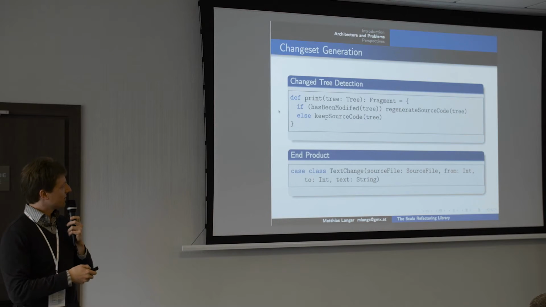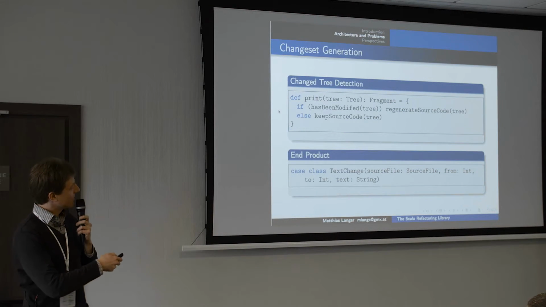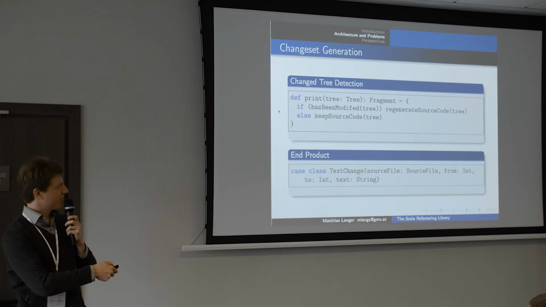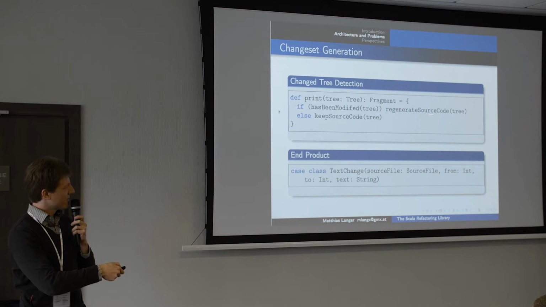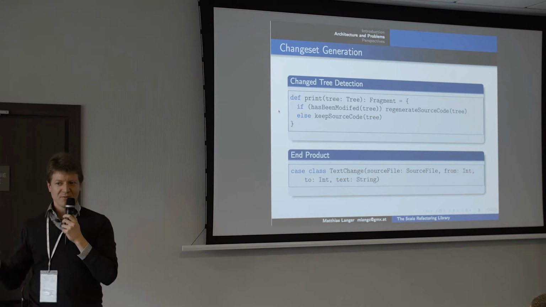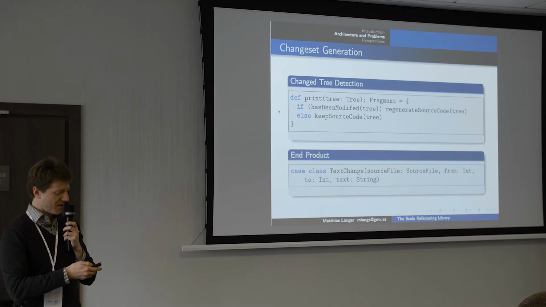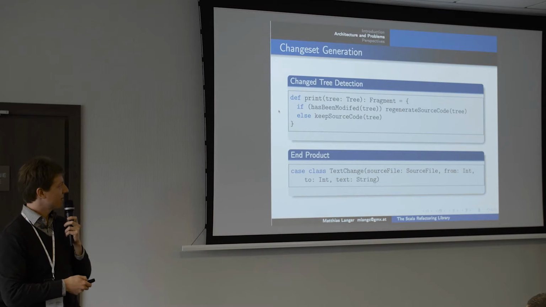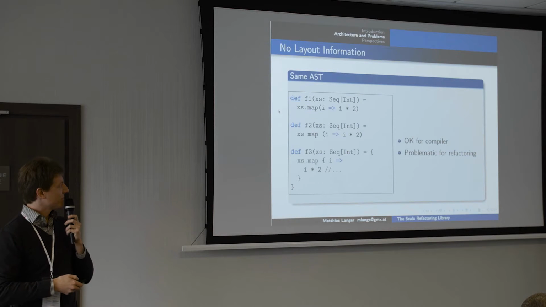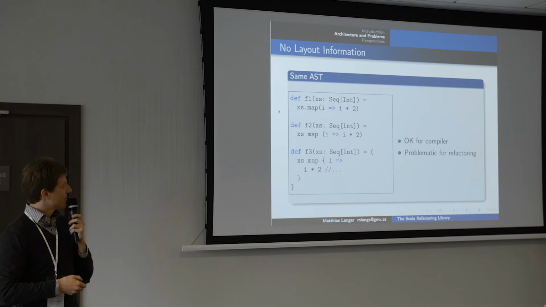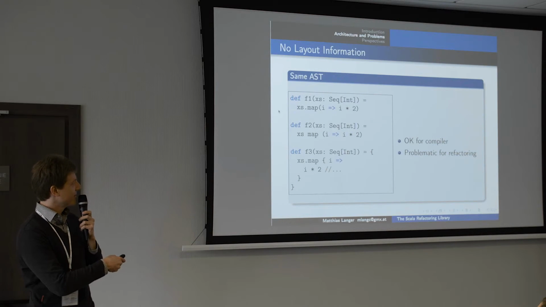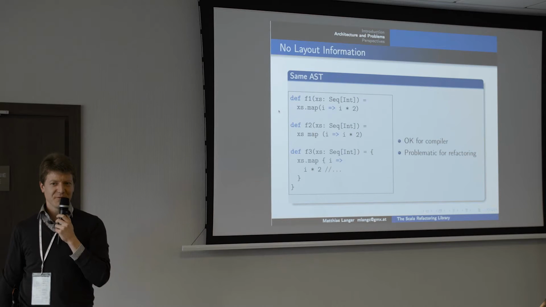As I already said, the really complicated part is this tree printing, as it is called in the refactoring library, this regeneration of the source code from the abstract syntax trees. In the following, I want to outline why this step is so complicated. The first thing that complicates matters is that these abstract syntax trees contain absolutely no layout information.